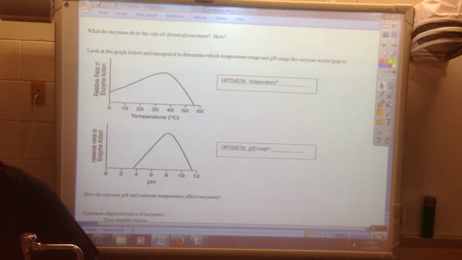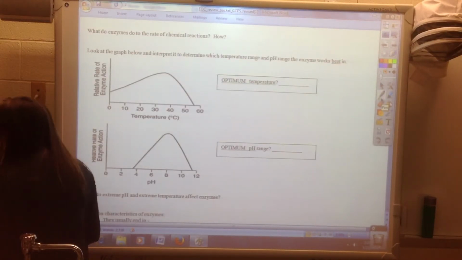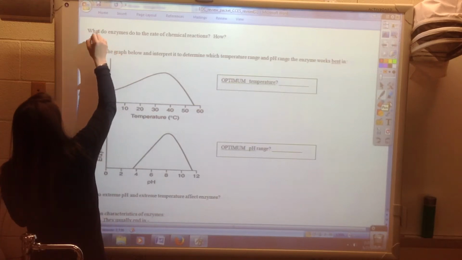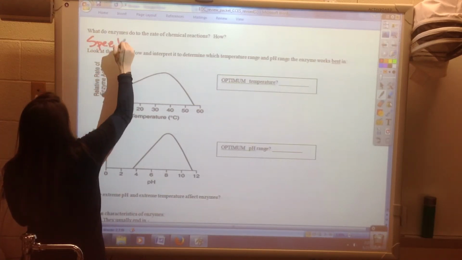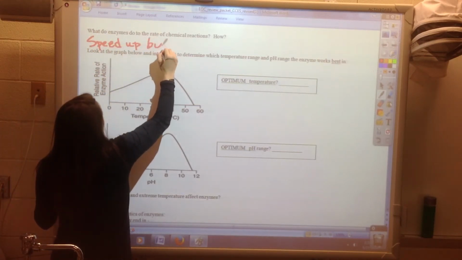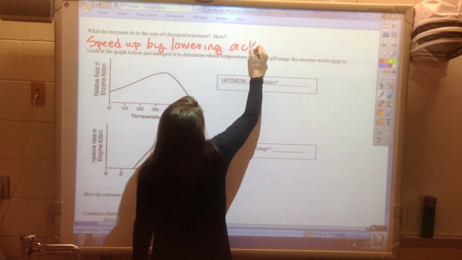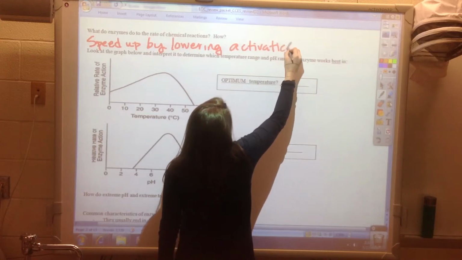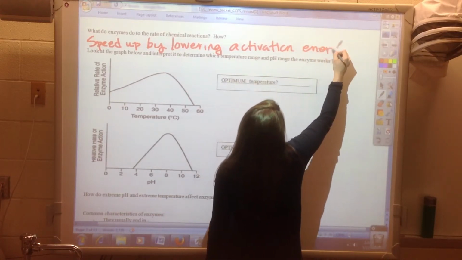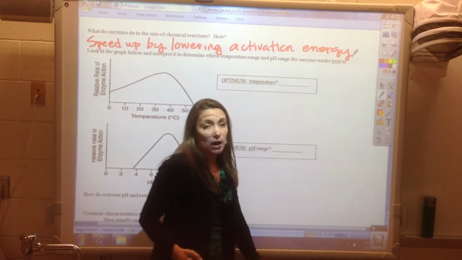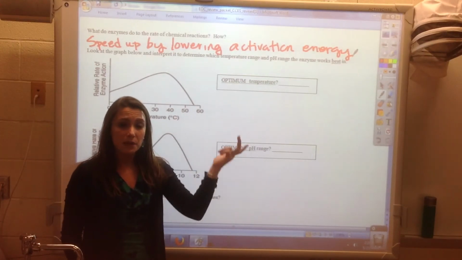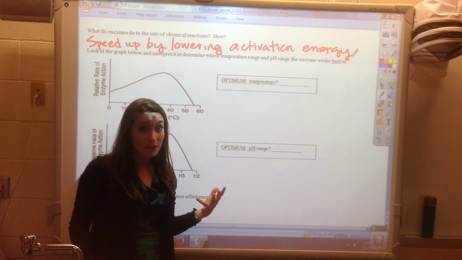What do enzymes do to the rate of chemical reactions? They are going to speed it up by lowering the activation energy. So we have all of these molecules in our body, proteins, carbs, lipids, nucleic acids, and they each have a job.